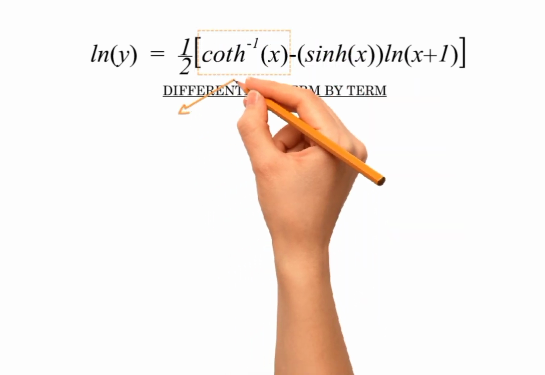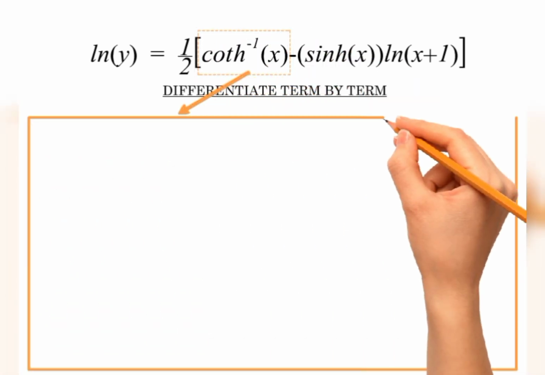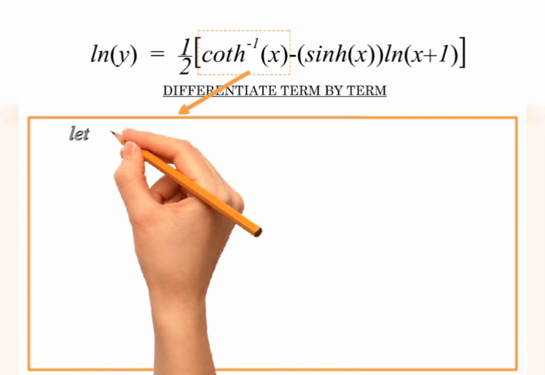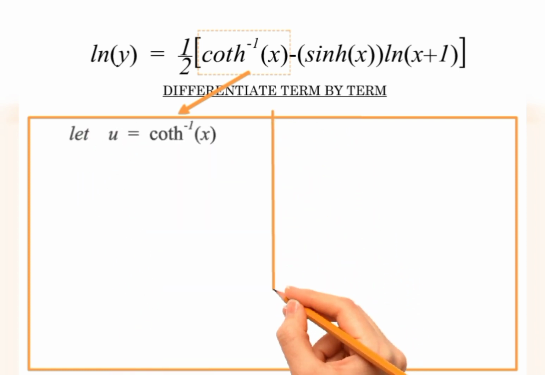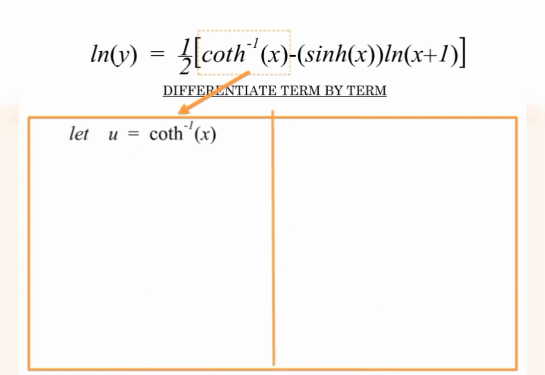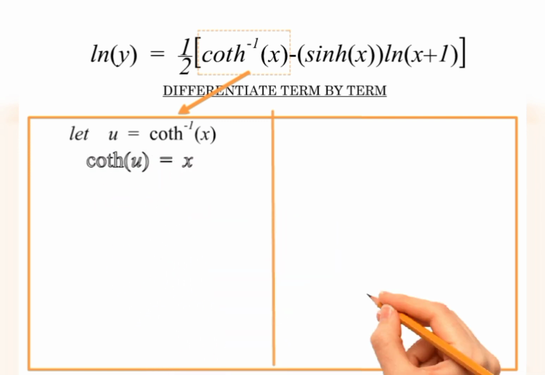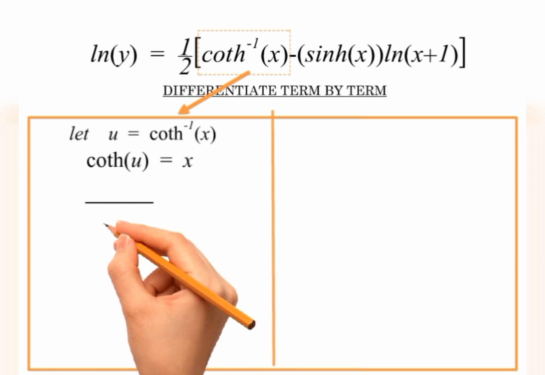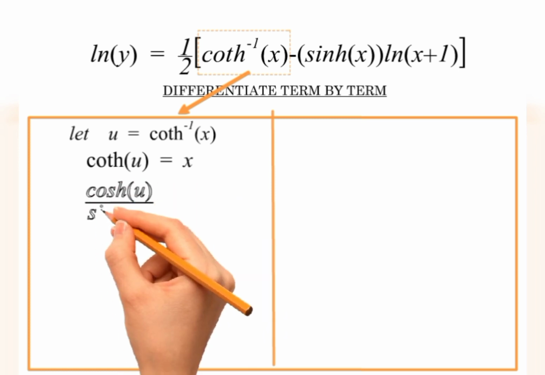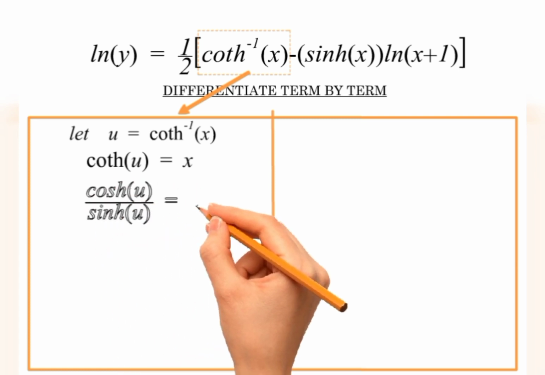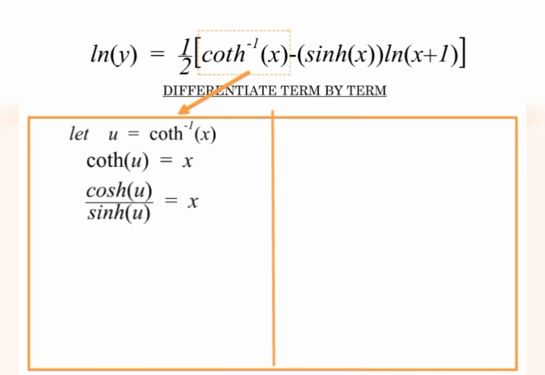To differentiate arccot of x with respect to x, let u equal arccot of x. Our aim now is to find du over dx. By taking cot of both sides, cot u equals x. Cot u can be written as cosh u over sinh u. And here, the idea of quotient rule comes in.